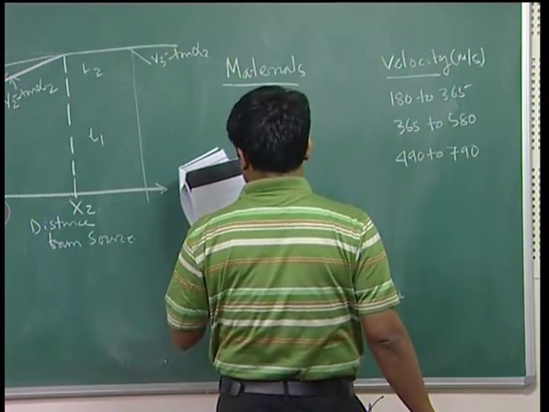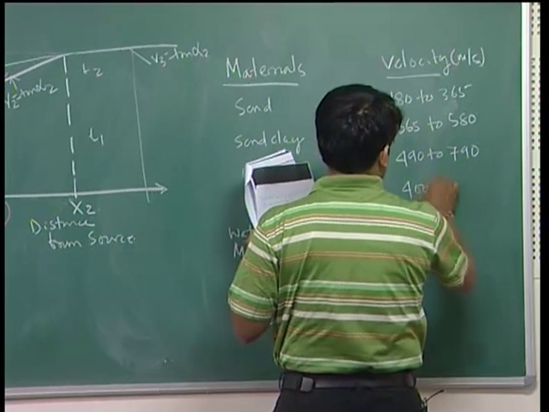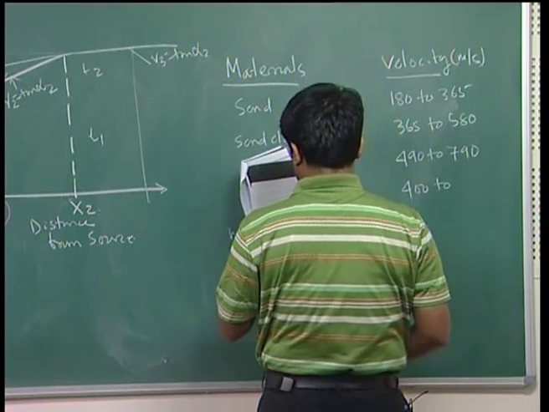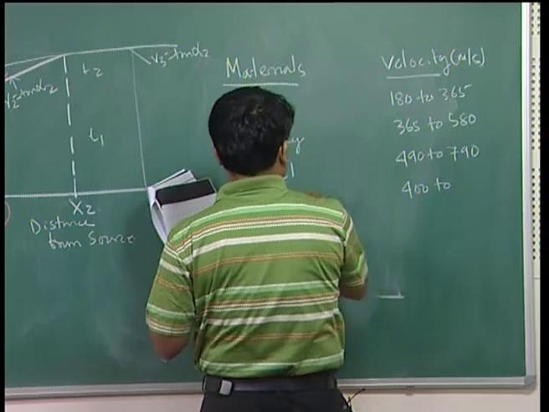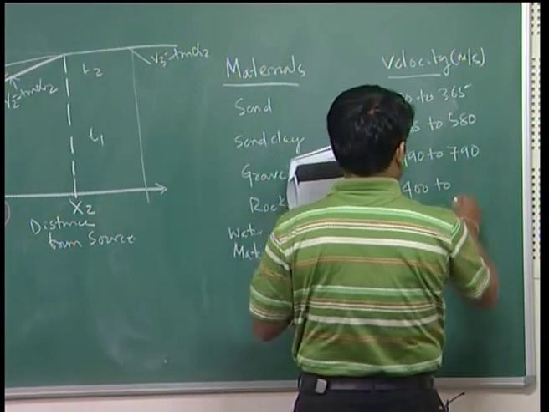Then rock is 402 to 760, there are different types, such as rock talus.